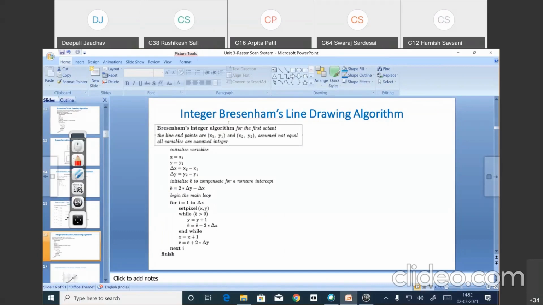So one example I am going to write here. Draw a line with end pixels 5, 8 and 9, 11. So put the values in this algorithm.